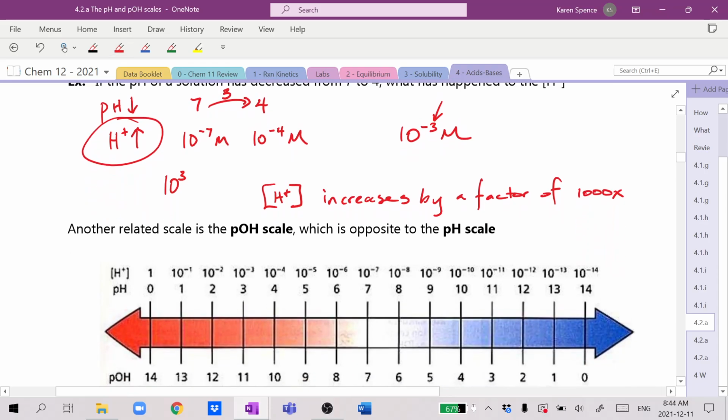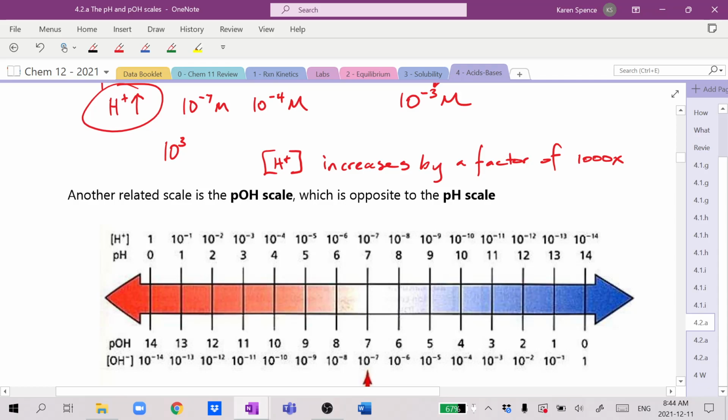Okay, had it been decreasing, we would have said 1 over 1,000 times, but it was increasing, so there we are.